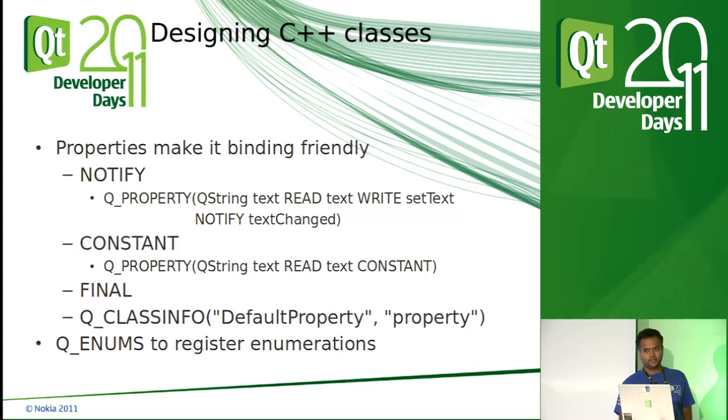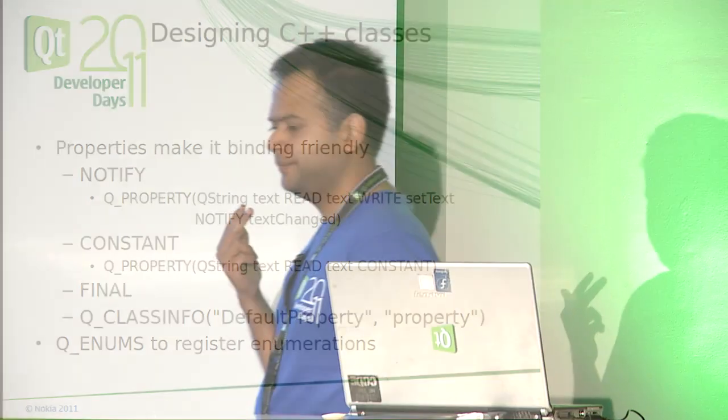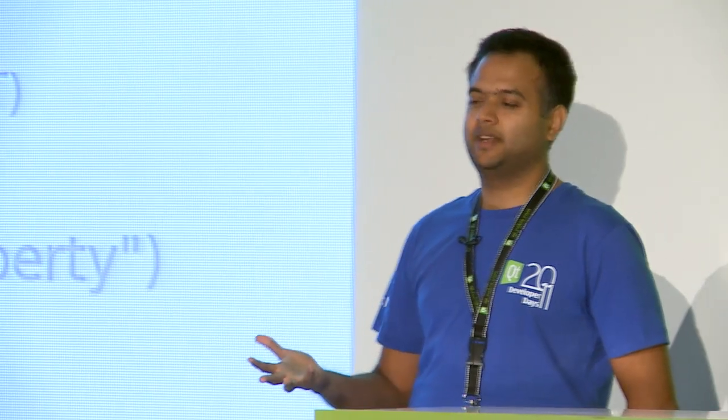There is also the final attribute. Sometimes it makes sense to make sure that the QML does not shadow properties from C++. An example is x, y, width, height, all these properties of items. It is very unlikely that you want to create your own properties named x, y, width, height on the QML side.